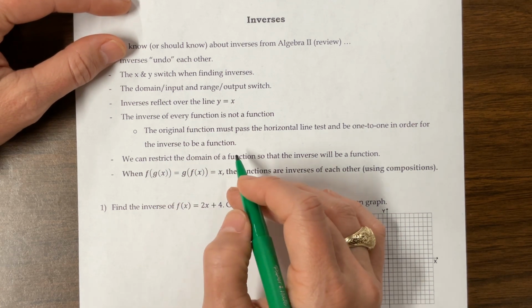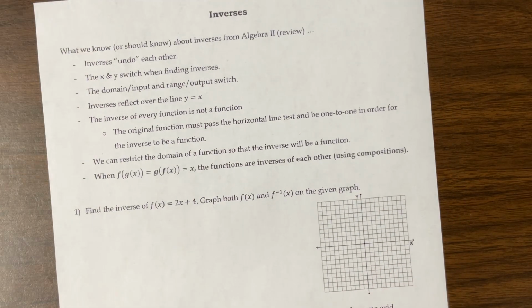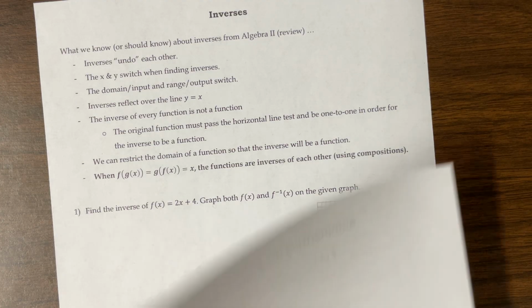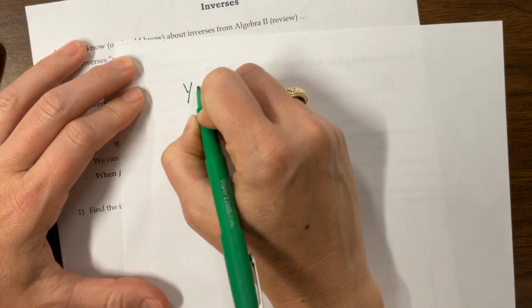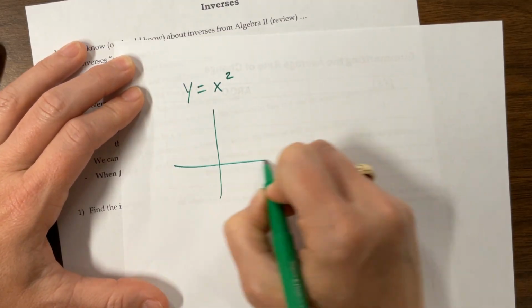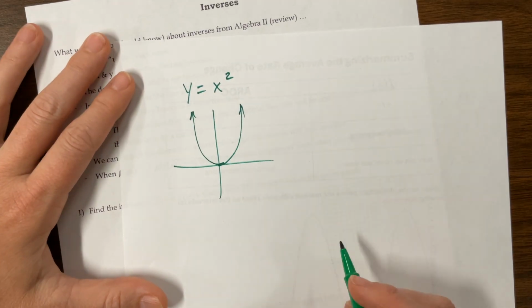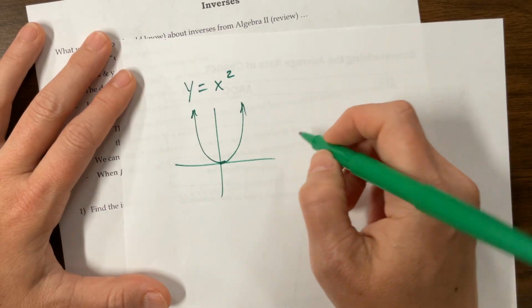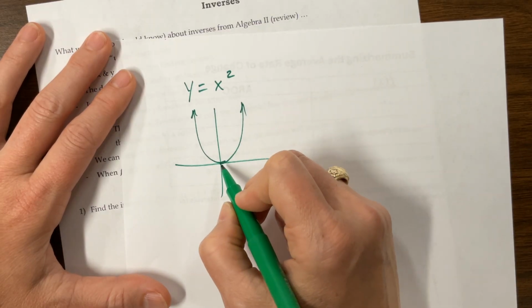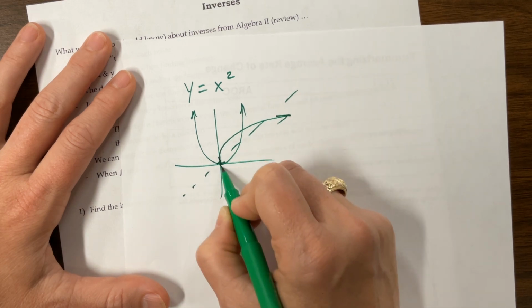is necessarily a function. But our notation matters, and I was noticing on these notes there were a couple things I want to tweak. Let me show you what I'm talking about. If I look at the graph y equals x squared, my function looks something like this. Well, when I switch things, if we reflect everything over the line y equals x, then now we've got something that's going like this.